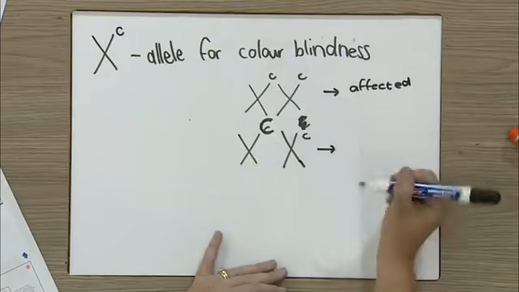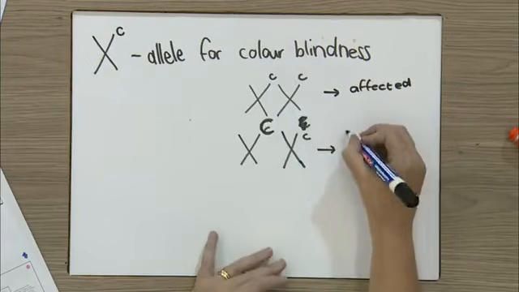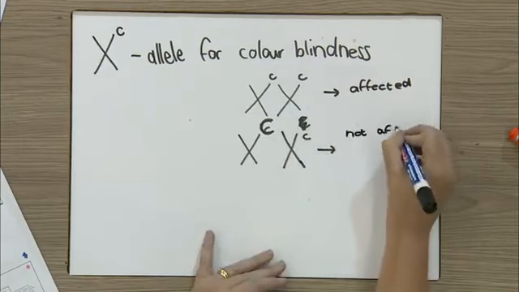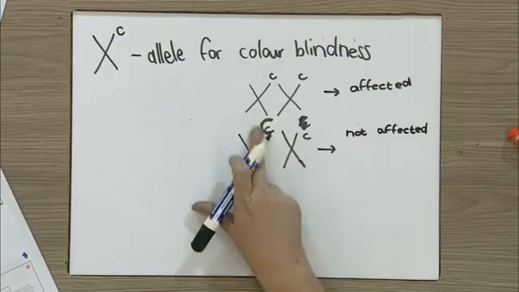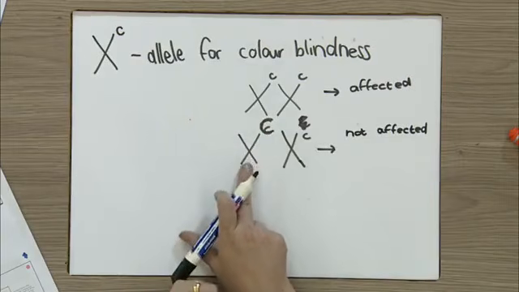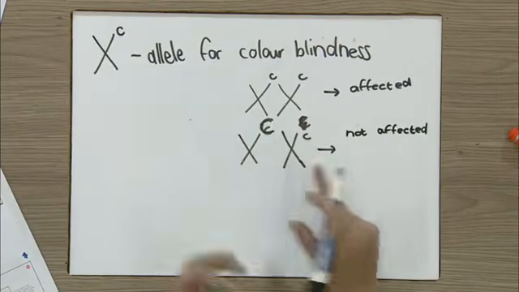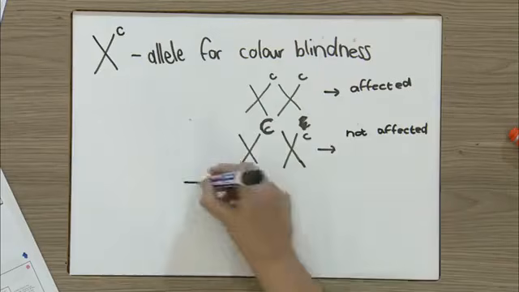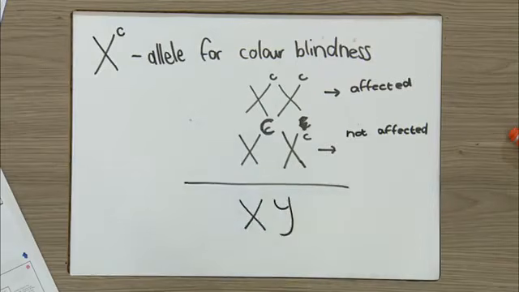So the female with both little c alleles is affected. She has color blindness. This other female does not have color blindness. She's not affected, right? She is normal because the big C, the healthy, not affected allele, overpowers the little c allele. In a man it will be XY, right?